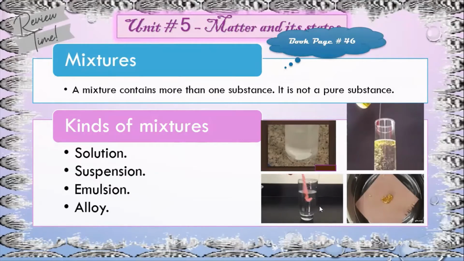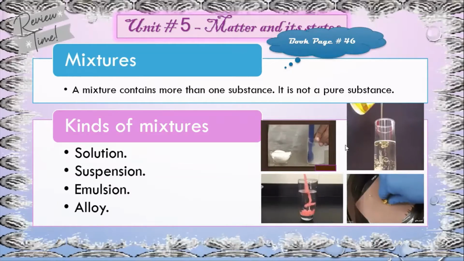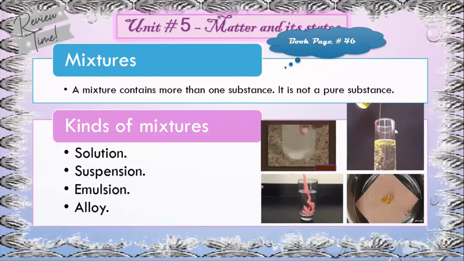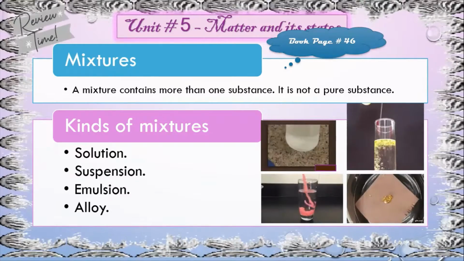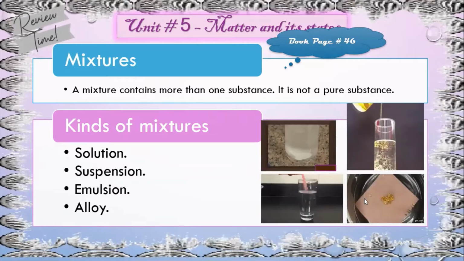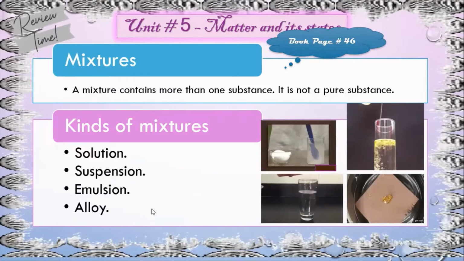A suspension is when the solid does not dissolve in the water. And when we mix 2 liquids together and they will not mix properly, they are immiscible, that is an emulsion. And when we mix 2 metals together, that is an alloy.